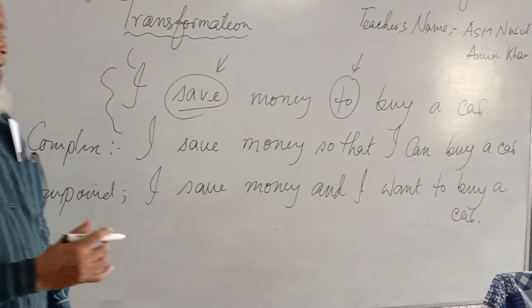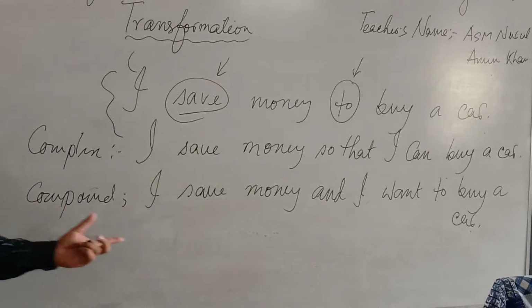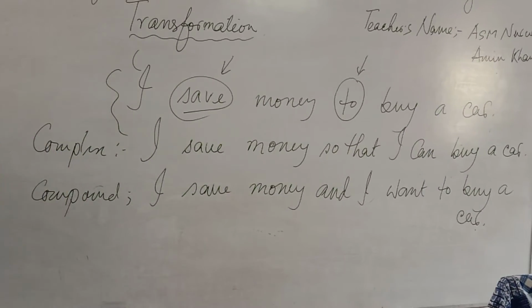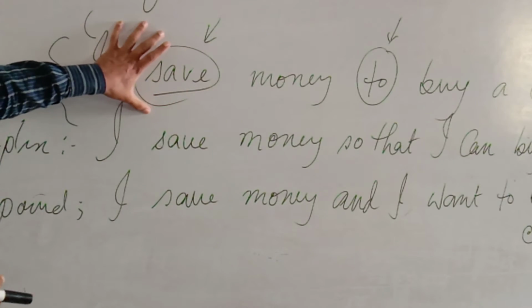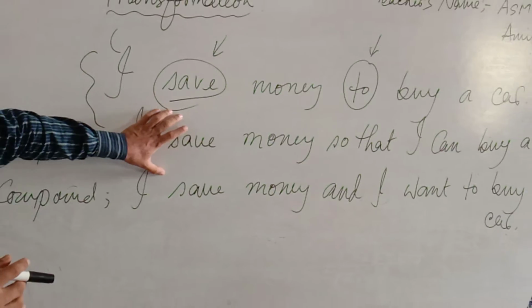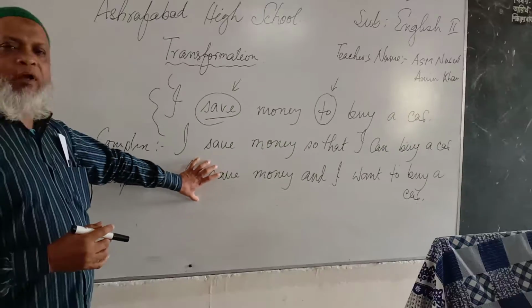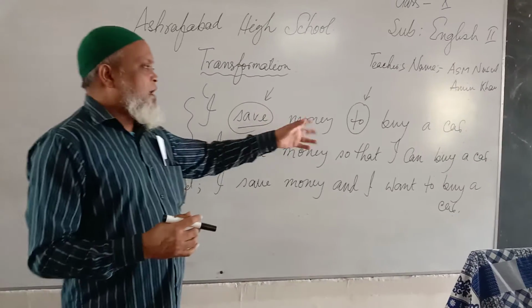In these three sentences, the first one is simple, the second one is complex, the third one is compound. How have I changed it?